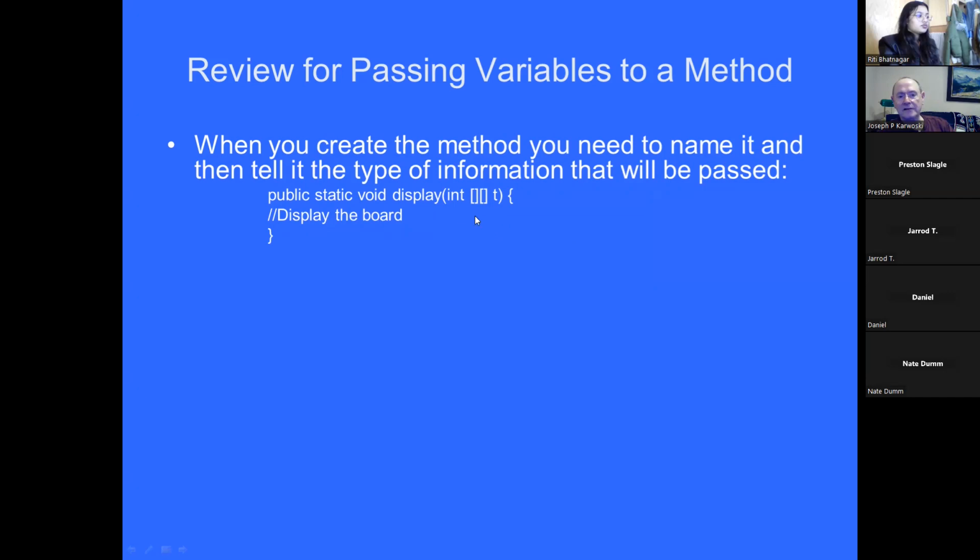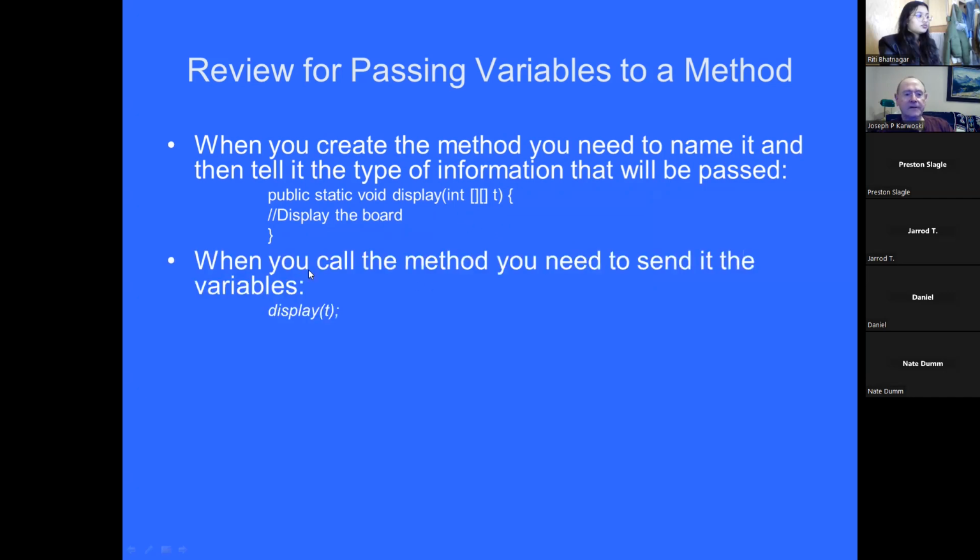This is how it comes in. When you call it, you simply say display and you give it T. If T is your array, you say T. If Sam is your array, you would say Sam. Okay, whatever it is.